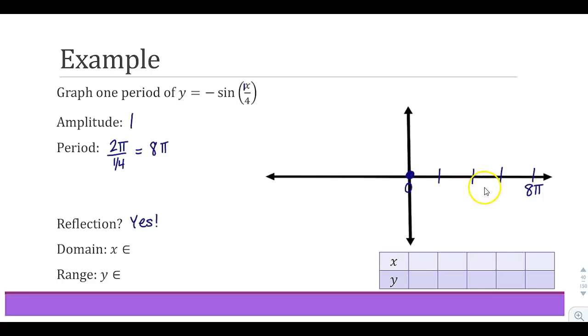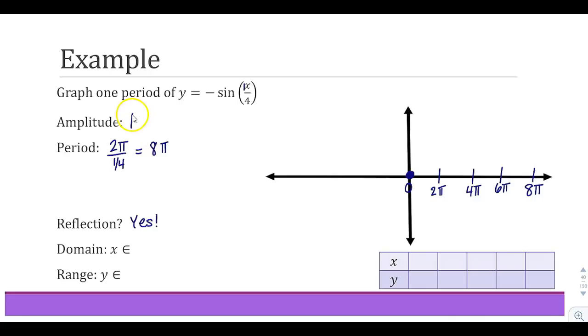Here, I think this is an easy one where we don't have to go through the process of finding a quarter period. Half of 8 pi is 4 pi, and between 0 and 4 pi is 2 pi. And between 4 pi and 8 pi is 6 pi. So that one's a little more straightforward, doesn't involve any fractions.